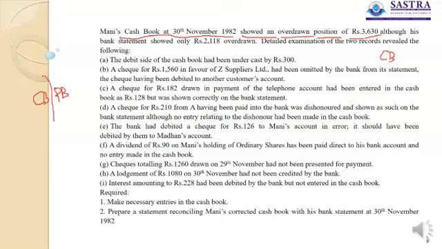The cash book shows an overdrawn balance, and we need to arrive at the passbook. A detailed examination of the two records revealed the following.